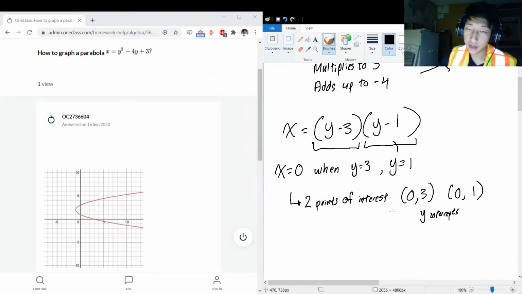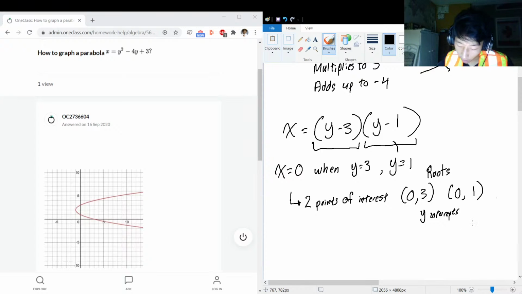We know that if we have 2 intercepts in a parabola, these are the roots. Roots, like the sweatpants, but we're not going to sweat it. We got our smarty pants on. We got 2 points of interest. Those are our roots. We know that the peak, basically the tip of the parabola or the bottom of the cup of the parabola, is going to be exactly halfway in between them.